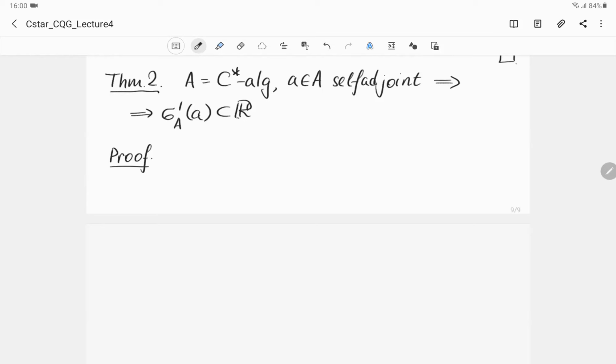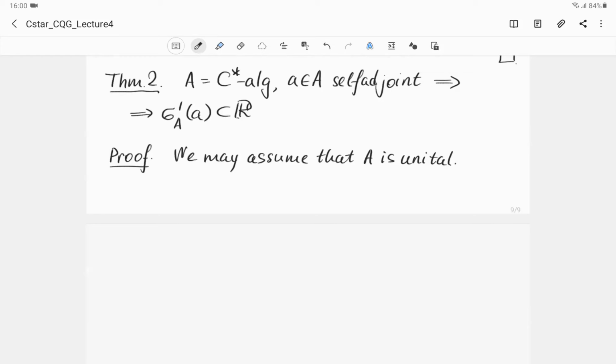To prove this result, we may assume from the very beginning that A is unital. Indeed, we already know that the unitization of a C-star algebra is a C-star algebra.